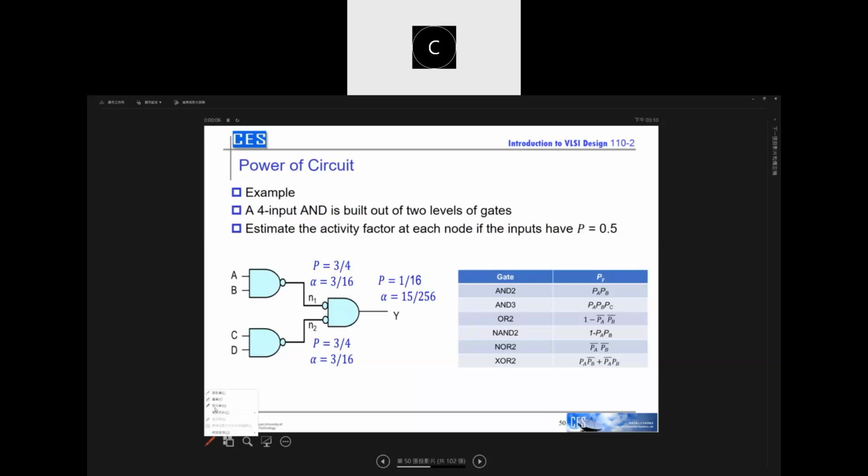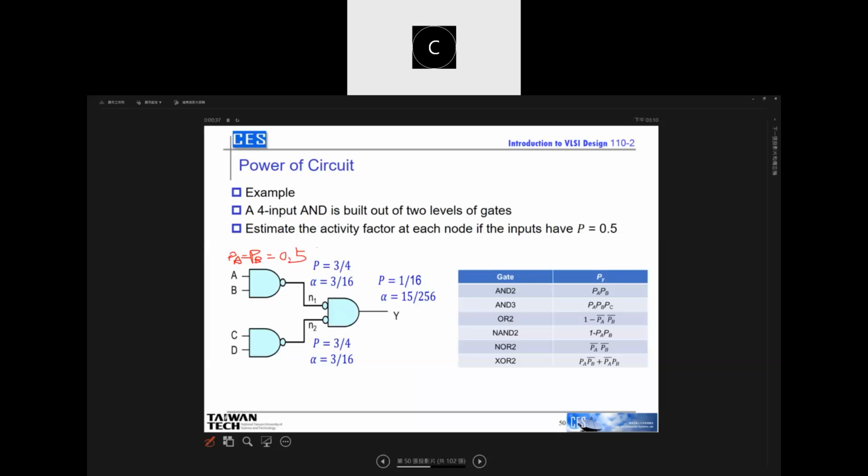First of all, you have a NAND gate here, right? Okay, and we know the probability. Let's assume we have the input probability of 0.5. Okay, so PA equals PB equals 0.5, right?